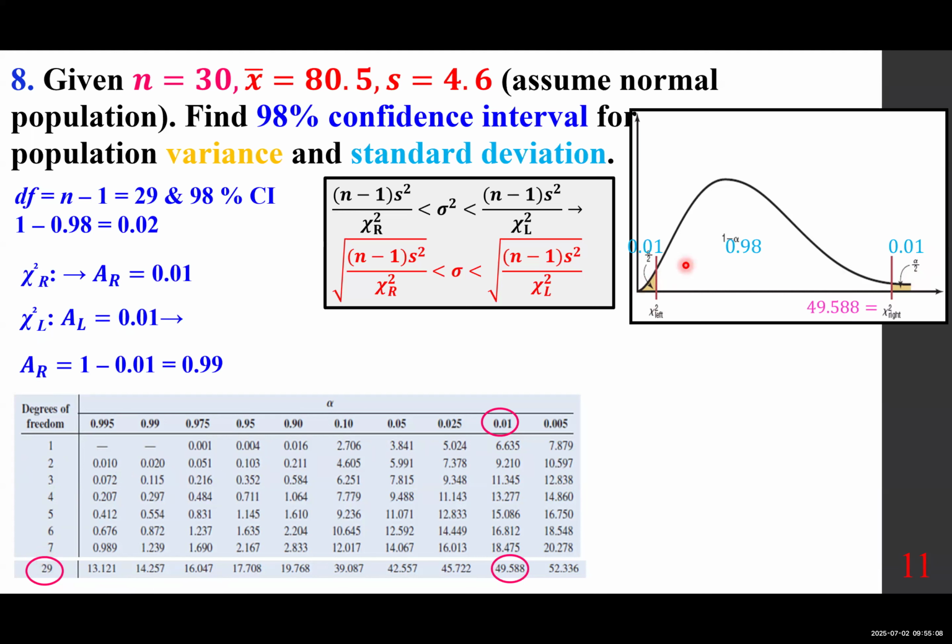The area to the right is 0.99, and you are going to locate that. And that gives you this number. When you put these two together, gives you 14.257. So you're going to write chi-squared of the left is 14.257.